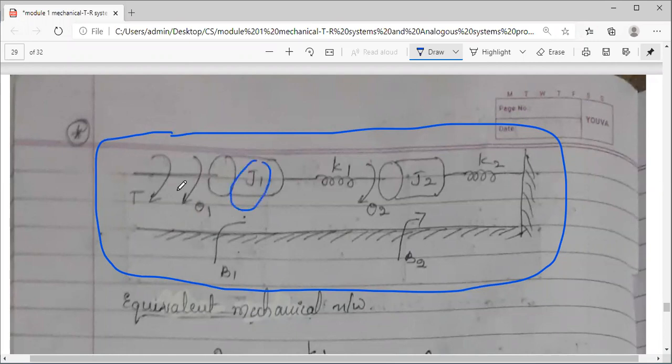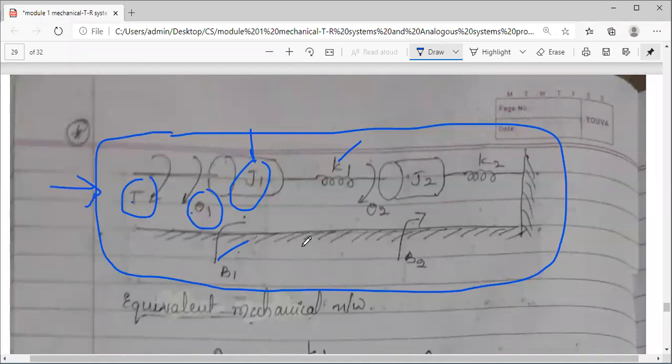Obviously we have moment of inertia, we have torque, we have angular displacement. No doubt K and B are common elements, even in translational mechanical systems. However, if you look at moment of inertia, theta and T, obviously this is a rotational mechanical system.